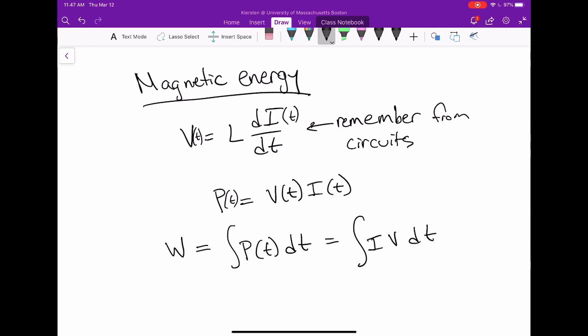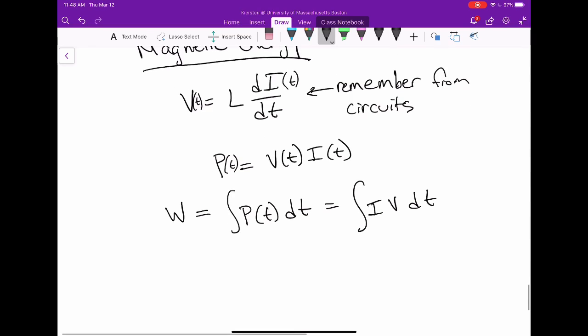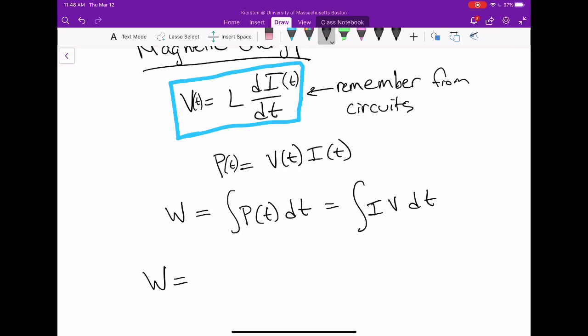I could write it that way, which using this expression up here, which relates the voltage and the current in an inductor to each other, means that the energy that I've stored in an inductor is equal to the integral of I times the voltage, which is now L di dt, dt.